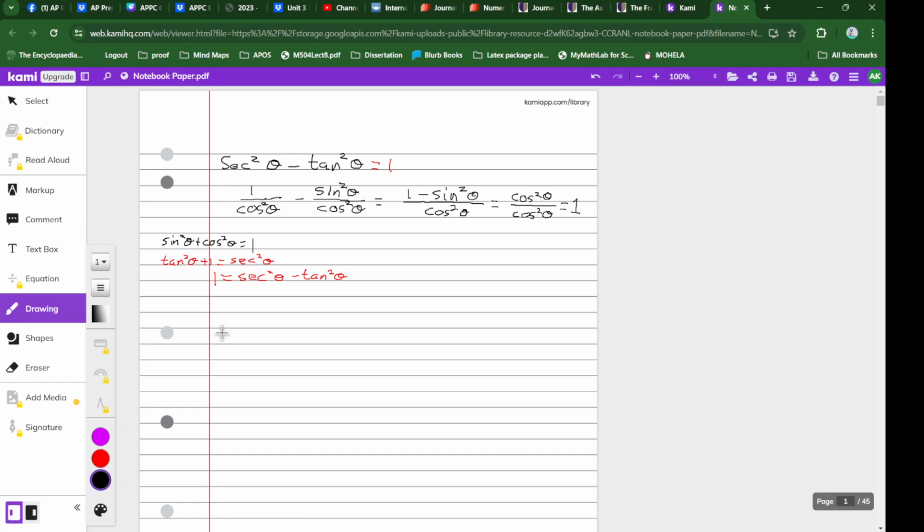Let's look at cosine theta minus secant theta, divided by sine theta.